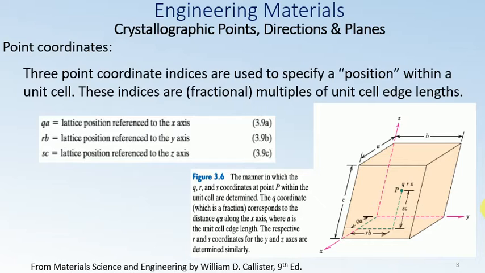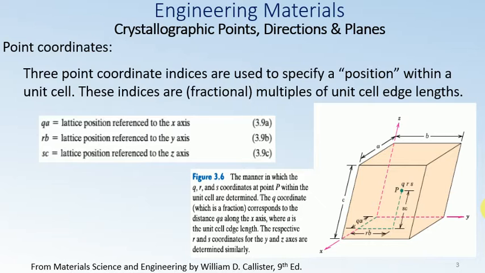In the process, keep in mind that the edge length is a for the x-axis, b for the y-axis and c for the z-axis. So what is the total length of the movement that you started from the reference axis, the 0 coordinate, and moving along the x-axis, how long it is.